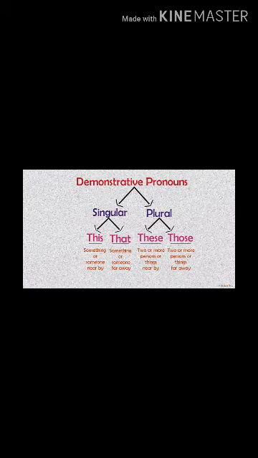For singular, we use this and that, but for plurals we use these and those. This we use when there is one thing and which is near to us, and that we use when there is a singular thing but the thing is far away, like far from us.